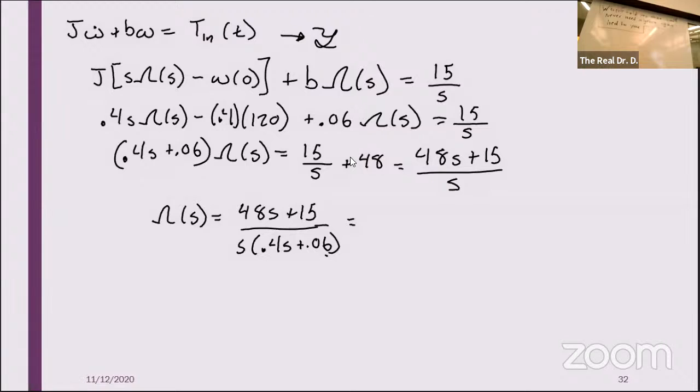And if I do that, I can divide the entire numerator by 0.4, which gives me this.